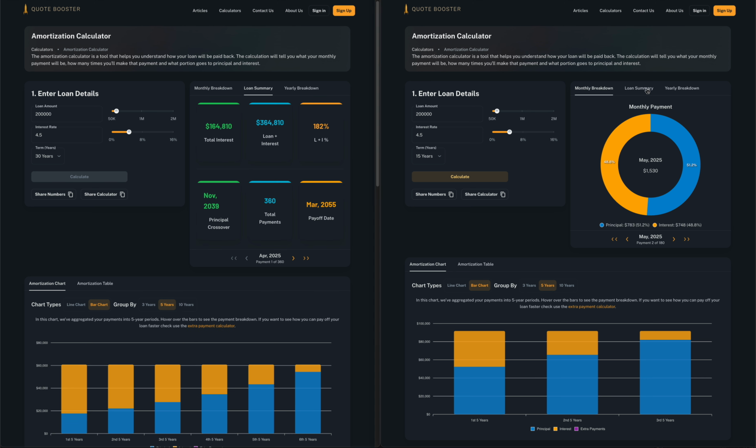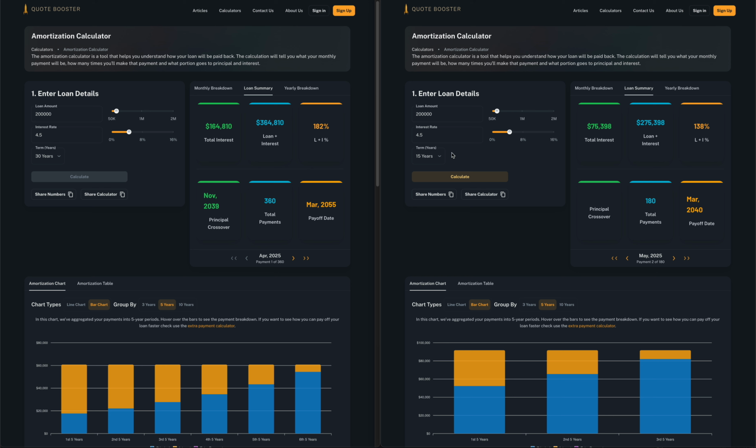If we go to the loan summary for how much total interest we'll pay, we're paying a significant amount less. So $75,000 of total interest for the 15-year loan versus $164,000 for the 30-year loan.